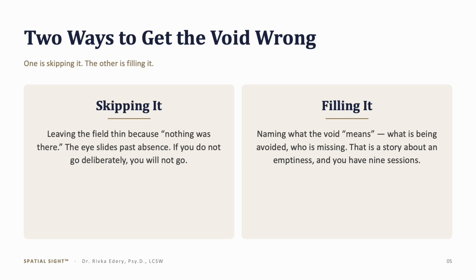The second error is the interesting one, and it is the one that catches the people who take today seriously. It is filling the void. The void is the most evocative of the 3 signals. It is the one that invites you to say something profound.